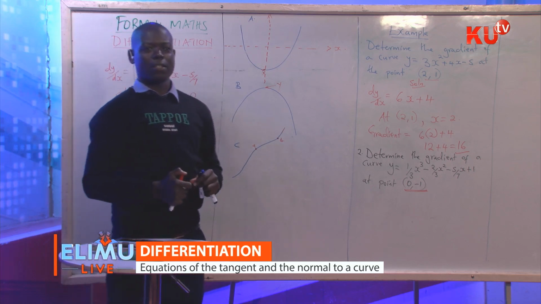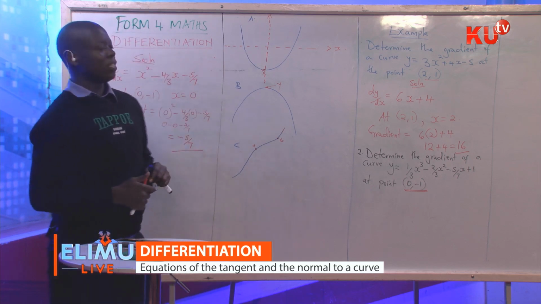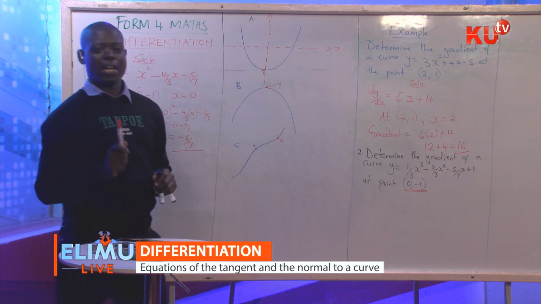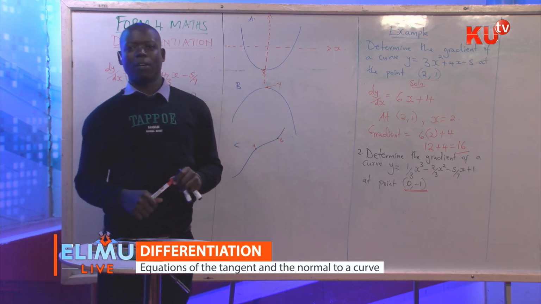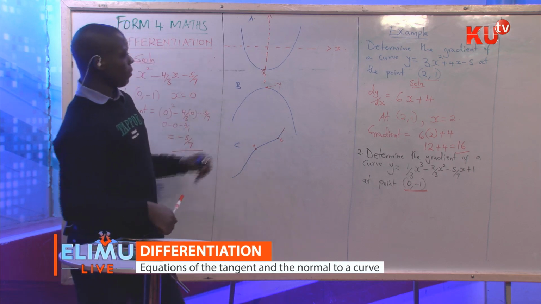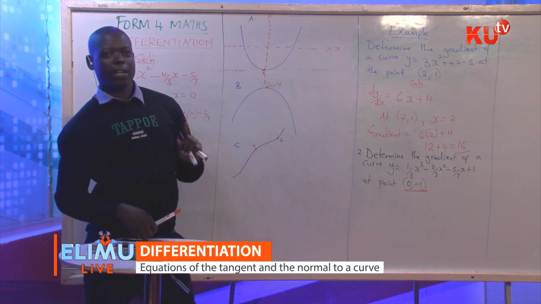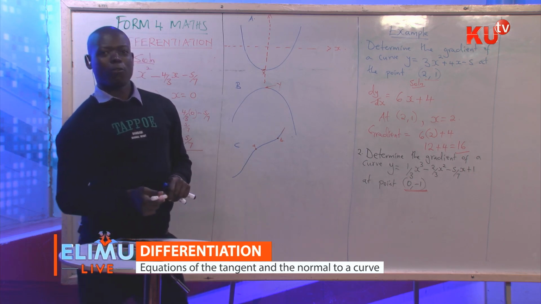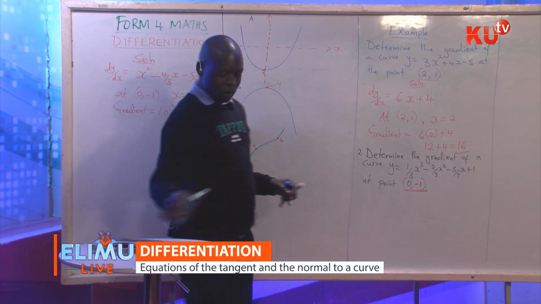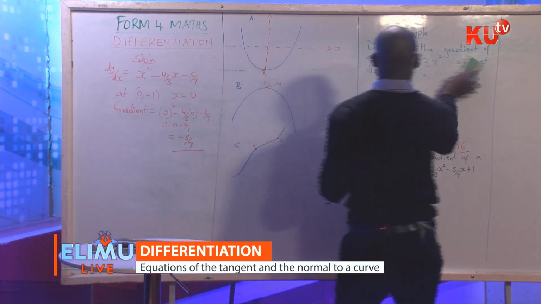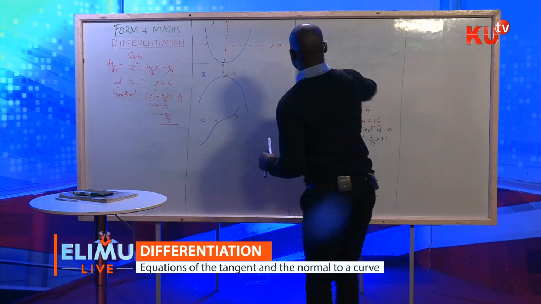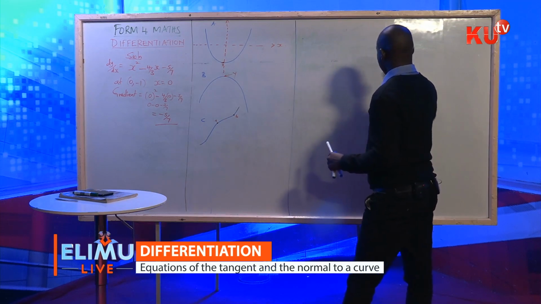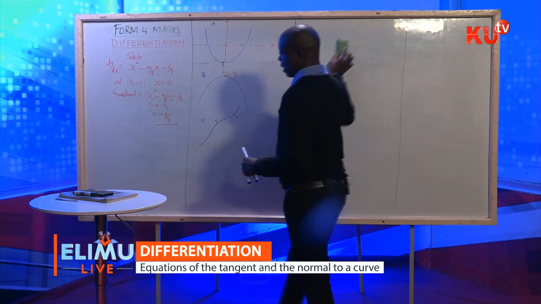As curves turn, the specific points at which a curve turns are referred to as the turning point, or the stationary point. And there are different types of turning points that we will need to discuss. A curve can either have a maximum point, a minimum point, or a point of inflection.